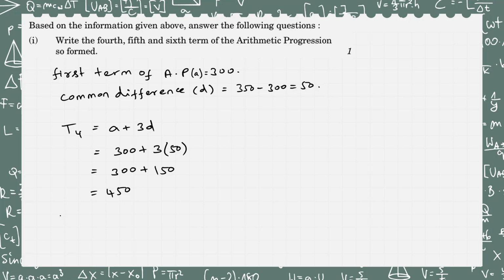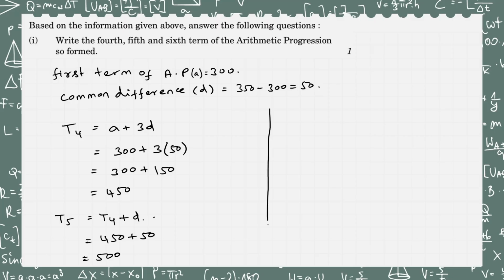Okay, and term 5 will be A plus 4D, or we can write it like term 4 plus common difference, which is 450 plus 50, which is 500, which is easy, right?